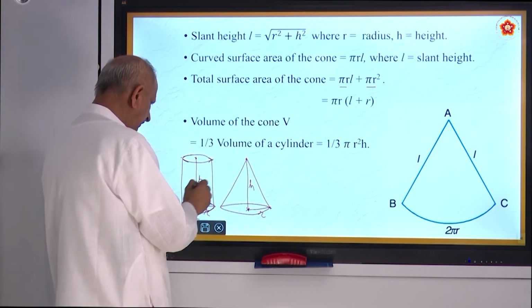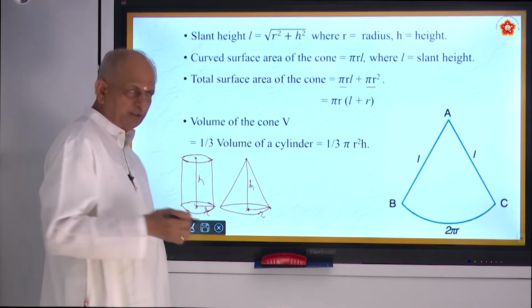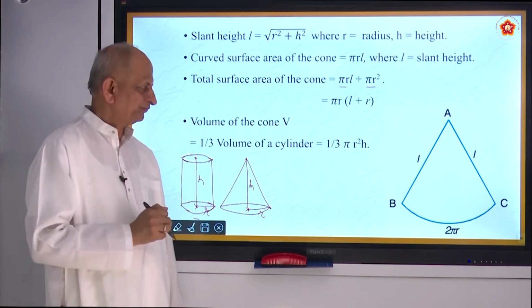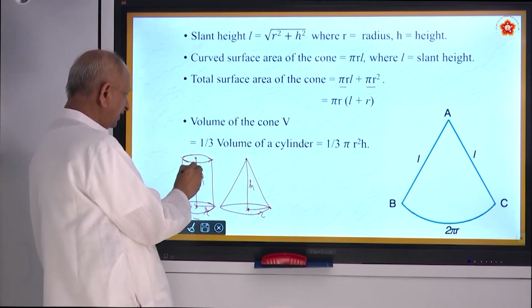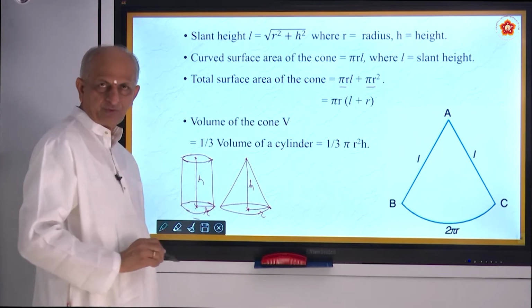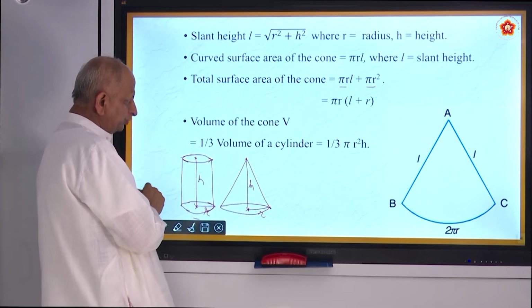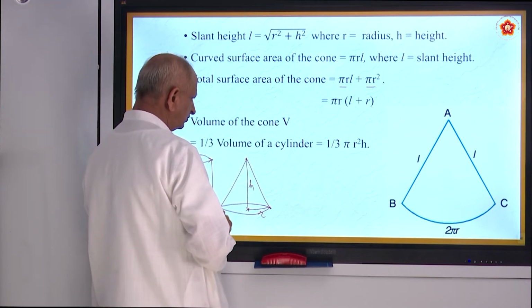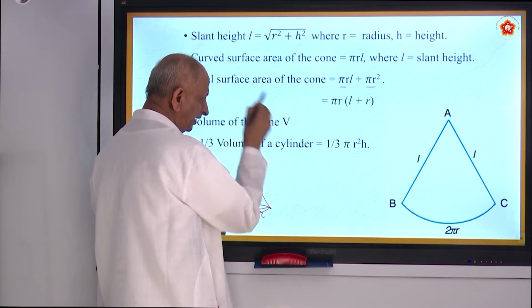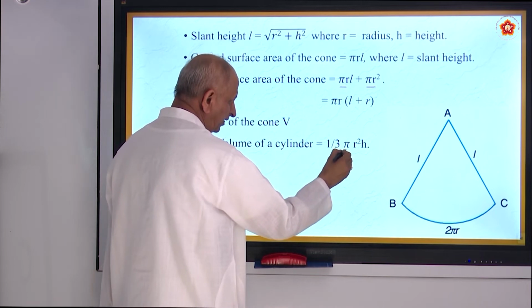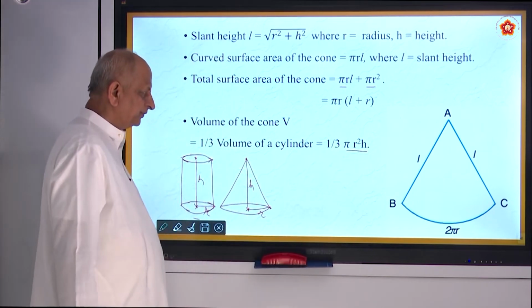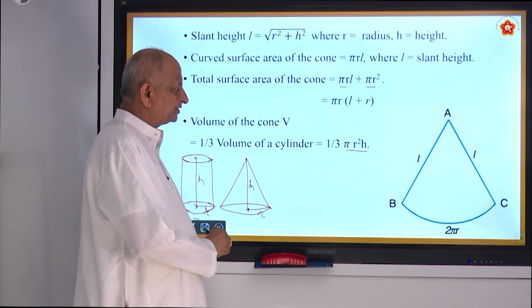Then you find that to fill a cylinder, we want 3 cones. So one cylinder is equal to 3 cones of the same radius and same height. So what is the volume of the cone? 1/3 the volume of cylinder. What is volume of cylinder? Pi r square h. So 1/3 of pi r square h.